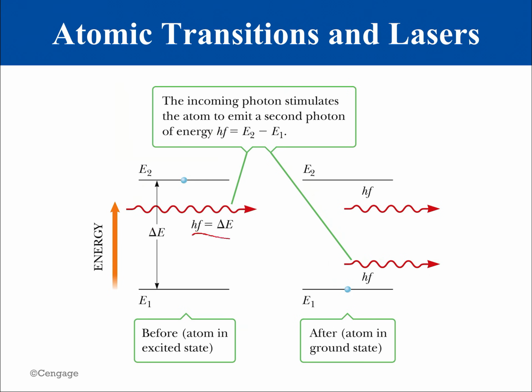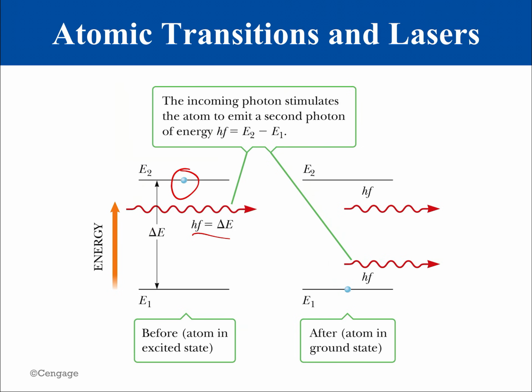It's an identical twin of the photon that allowed for the excited state in the first case. If that identical photon passes by, it'll actually encourage the electron to relax.